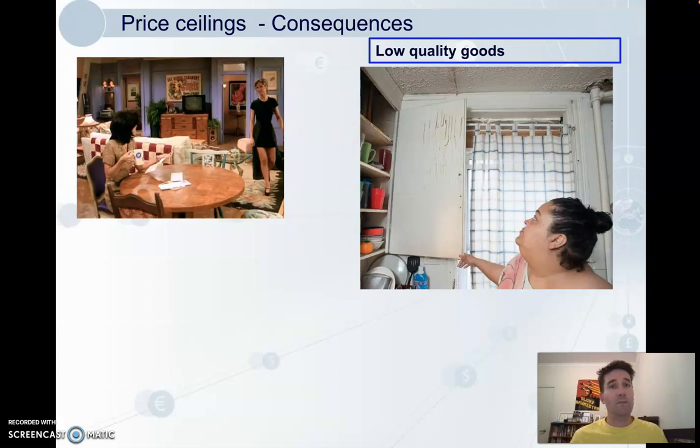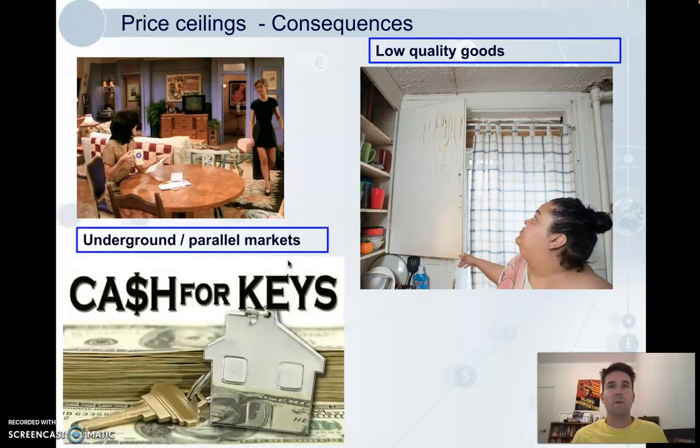And there are other incentives at work here. There's a shortage, so many consumers are willing to pay above the price ceiling to get their apartment, right? And landlords would love to receive a price higher than the price ceiling too. This can lead to underground or parallel markets, markets that operate outside the law.